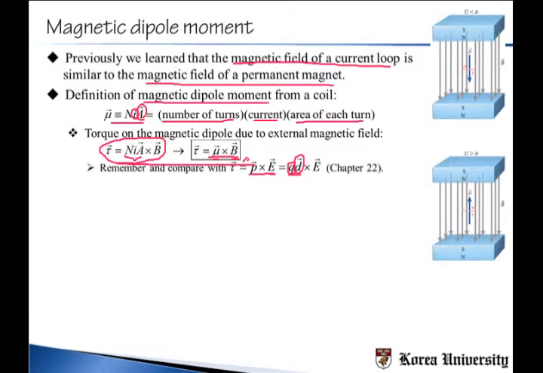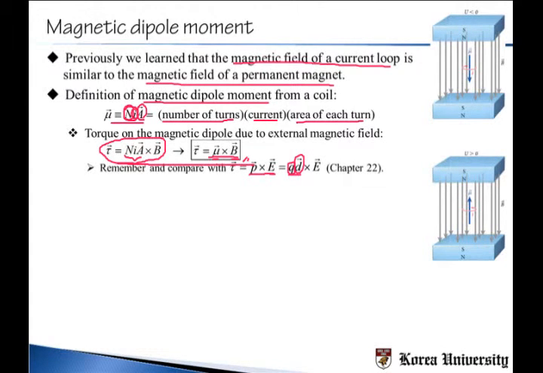Okay, and for the electric dipole moment, you have just one plus charge and one minus charge. But in the case of the magnetic dipole moment, you can make many loops. That is why we have N here. Basically, N multiplied by I represents the total current making one turn.